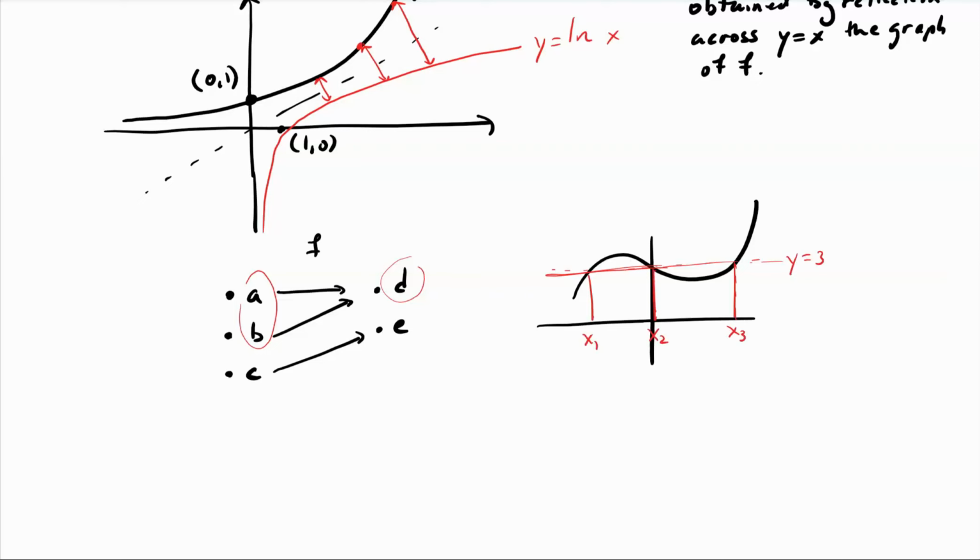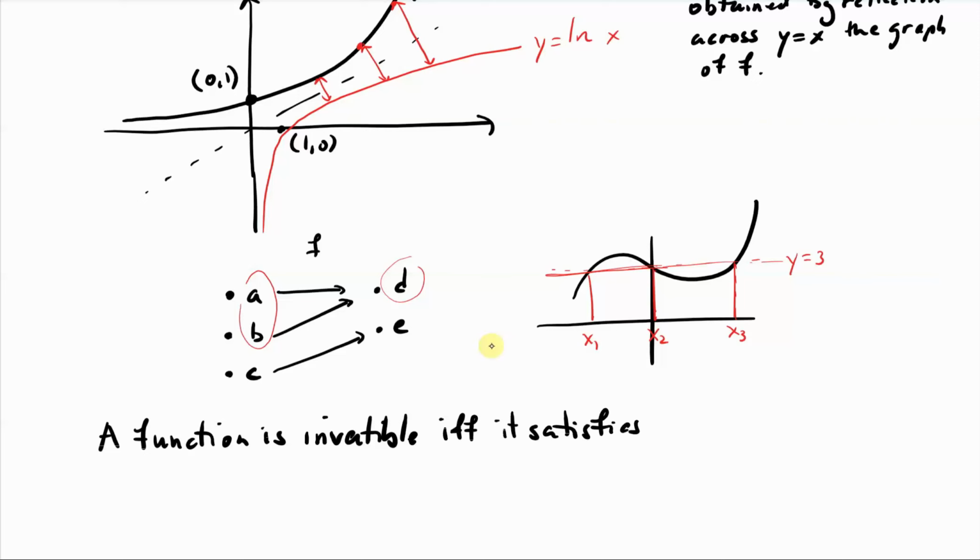So for functions to be invertible, graphically, they have to satisfy the horizontal line test. A function is invertible if and only if it satisfies the horizontal line test. It satisfies the vertical line test because it's a function, but on top of this, it has to satisfy the horizontal line test.